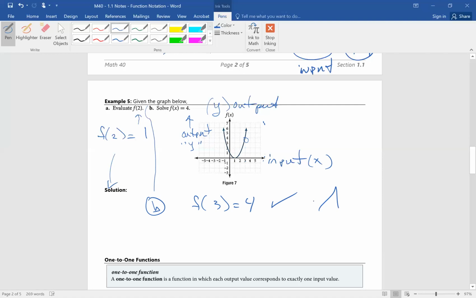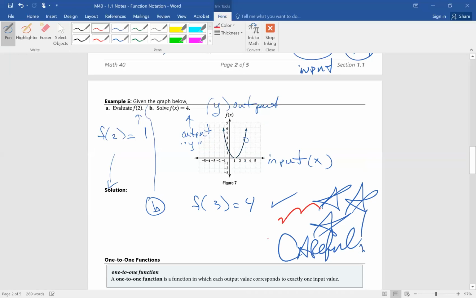However, be careful. Star, star, star. Do it in another color. Careful when you're looking at these things because sometimes for that output, just like two different people can have the same birthday, you could get 4 a variety of ways. And in this case, if you're looking at your graph, 4 is also possible over there in the graph.